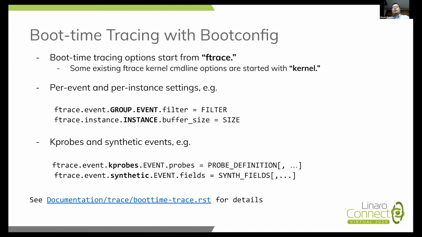I will show you the example afterwards. With that, we can define, for example, per event and per instance settings like this. So ftrace event, group, event name and filter set up the per event filter.